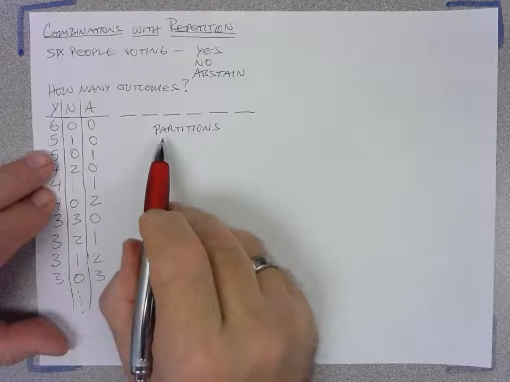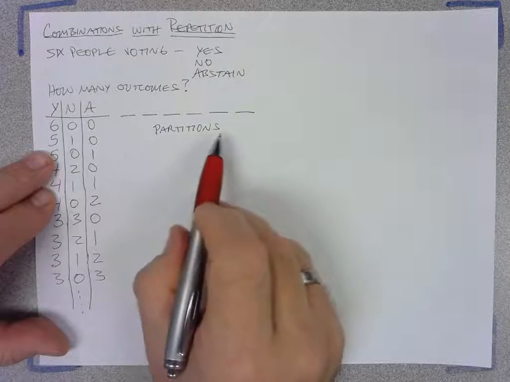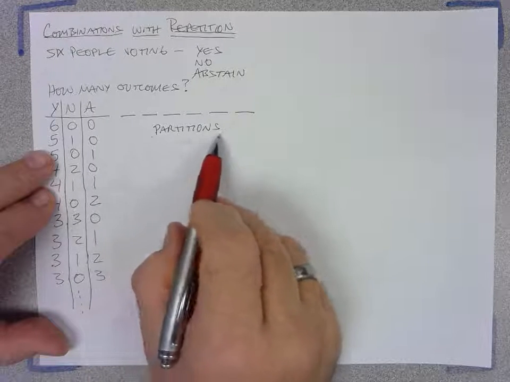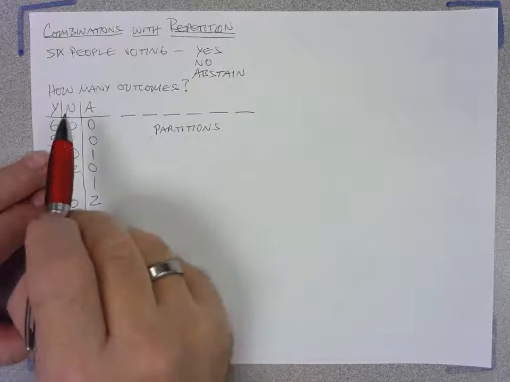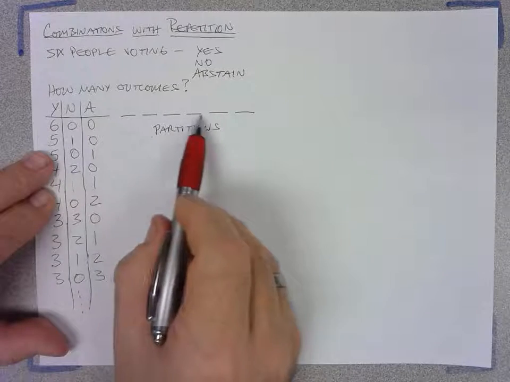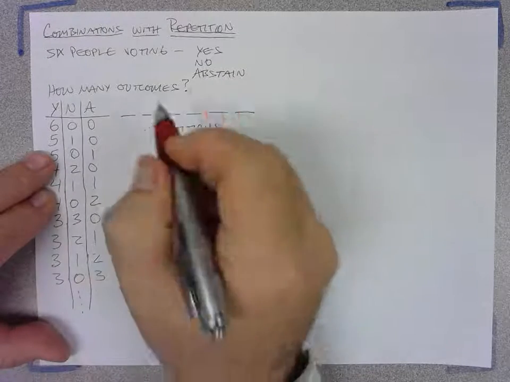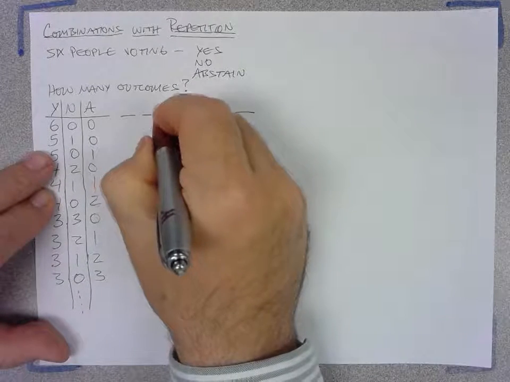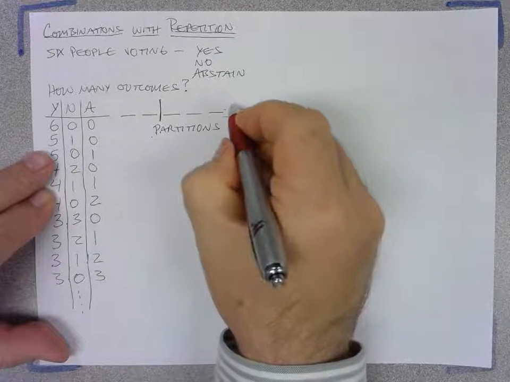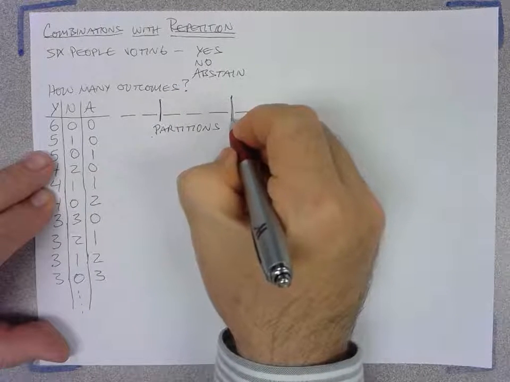A lot of churches now have these big fellowship halls, but then they can pull out these dividers that divide the large room into smaller rooms. If we go with this order of yes, no, abstain, and we have 6 voters, I want you to think with me, what would I be indicating if I put a divider there and a divider there?